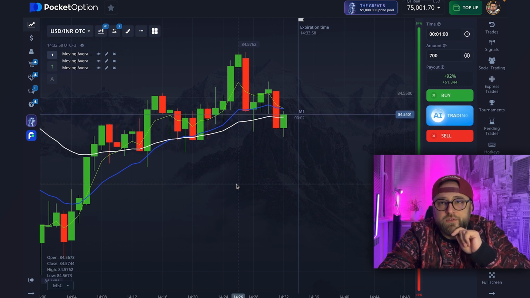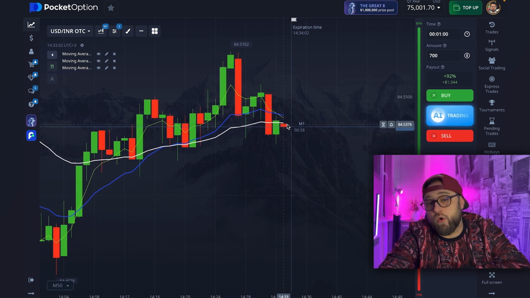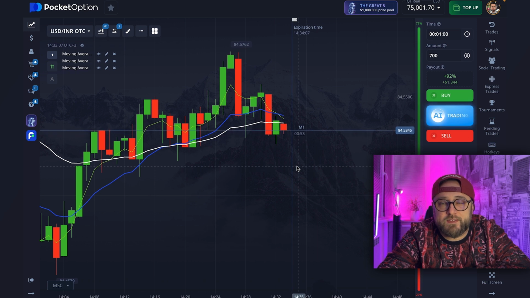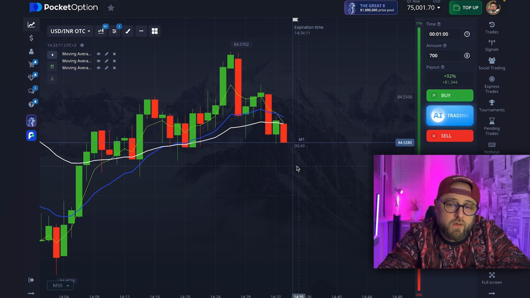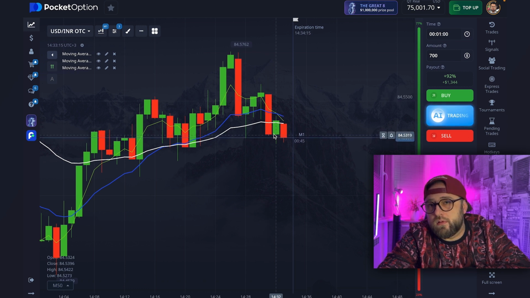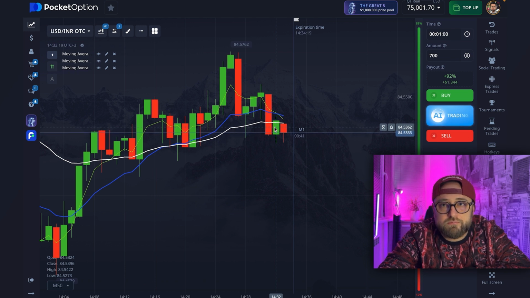Okay, it's not that big, but if the pullback is small, I will open a trade with a buy position, with the same color as this second green candle. If it's not, we'll just go to the next pair. Let's see.